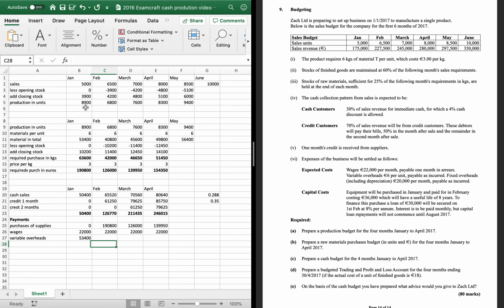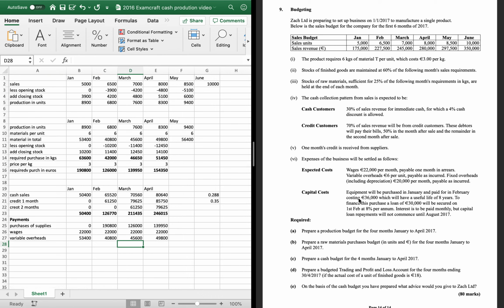So it's the units, the answers from part A. So 6 by 6,800, 40,800. Then it's 6 by 7,6 and 6 by 8,3. And the reason it's the amount from here is it's per unit produced. So this is the number of units we're making, and we have to pay €6 in variable costs for every one we make, not every one we sell.